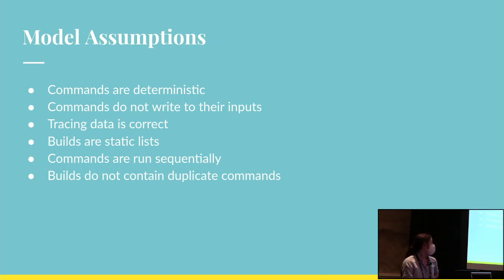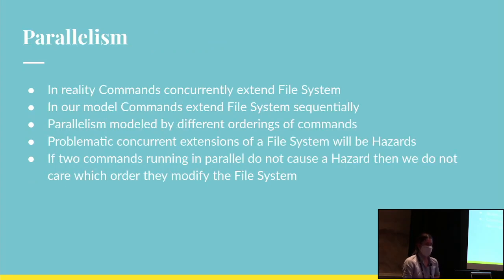We also assume that tracing data is correct so that we know exactly what files a command read and wrote to. And we assume builds are static lists, that the commands in a build are run sequentially, and that builds don't contain duplicate commands.